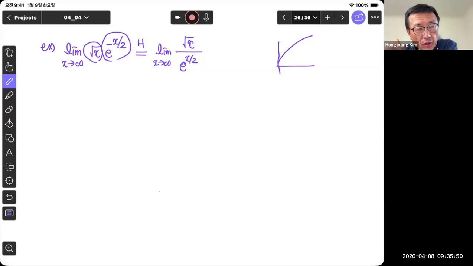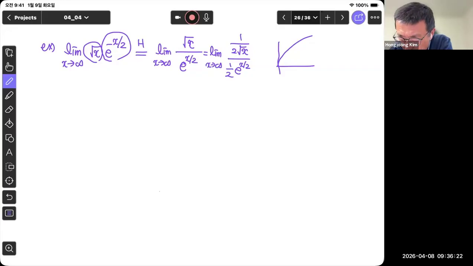As I said, you can always apply L'Hopital's rule. So if I differentiate square root of x, what do I get? You get 1 over 2 square root of x. If I differentiate e to the x over 2, you get 1 half of e to the x over 2. And you let x go to infinity.